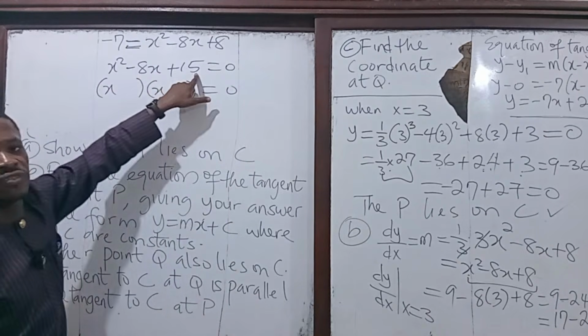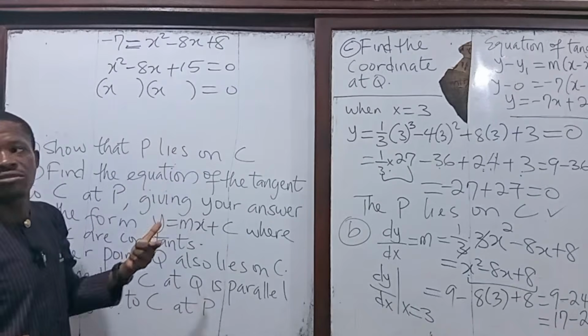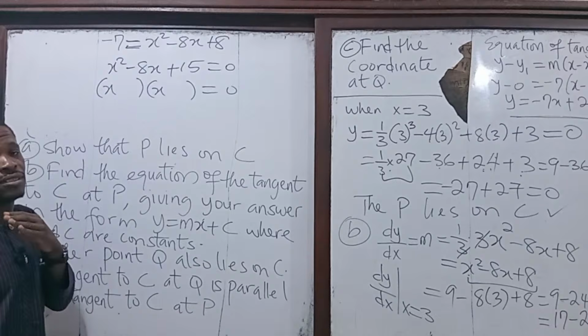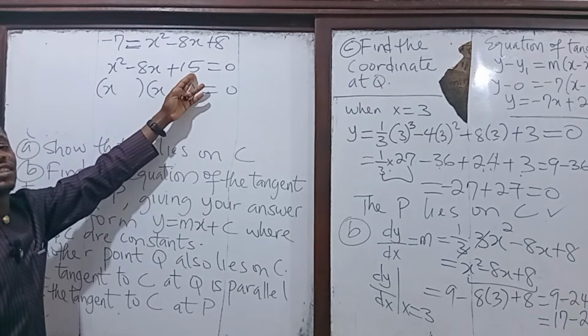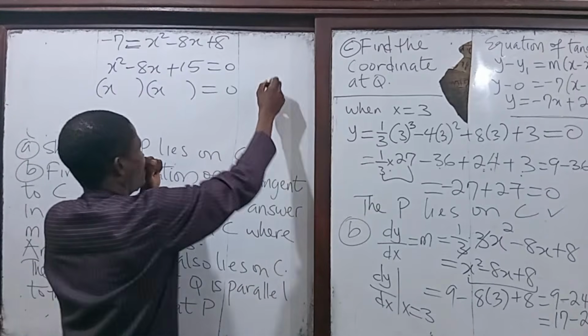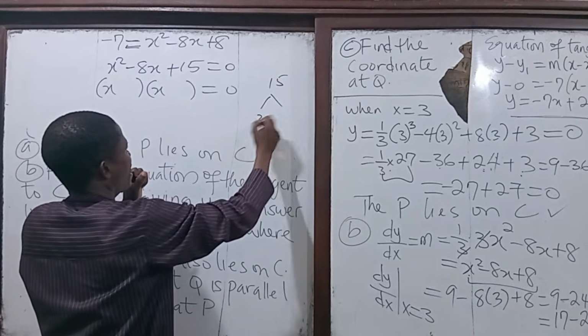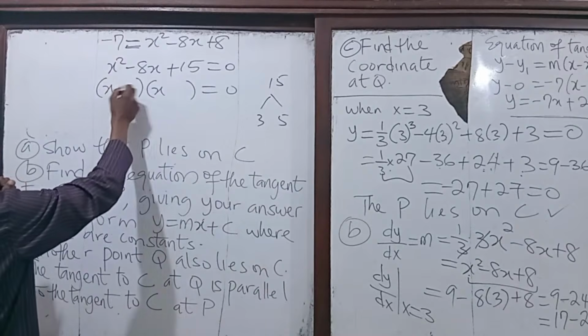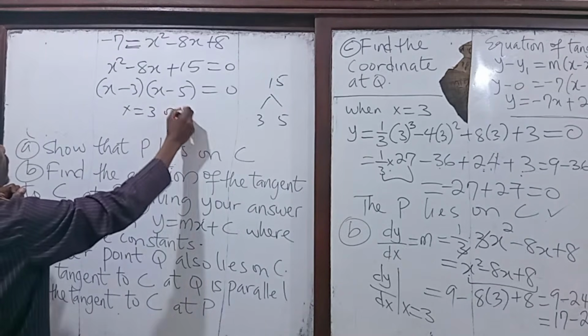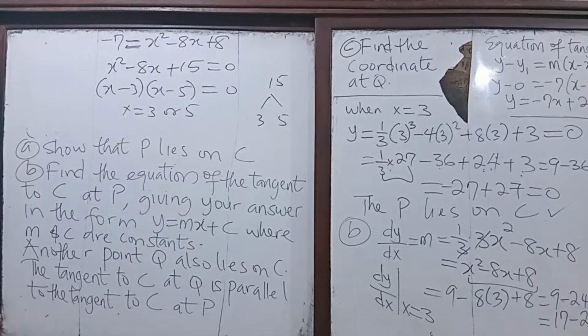The factors of 15 that can generate minus 8 are minus 3 and minus 5. So x is equal to 3 or 5.